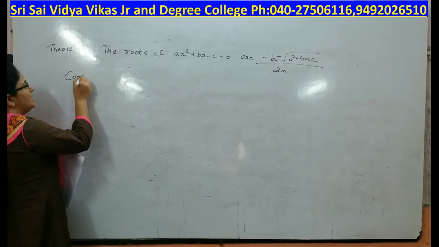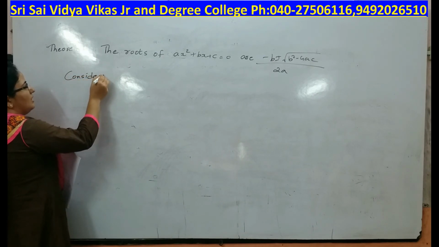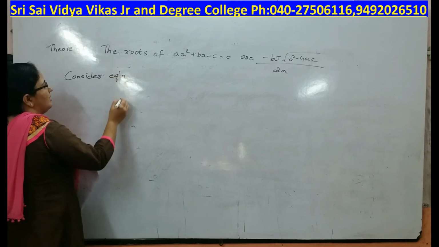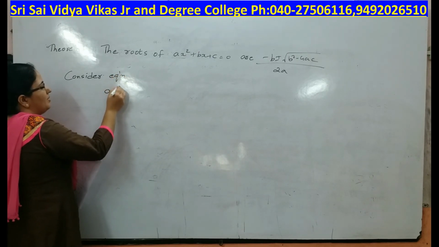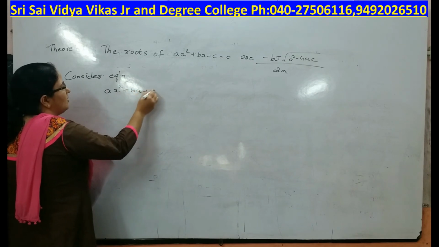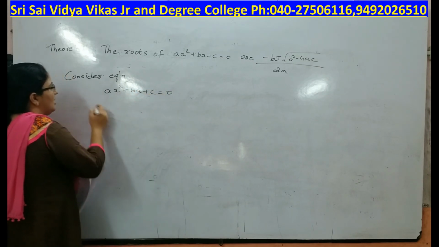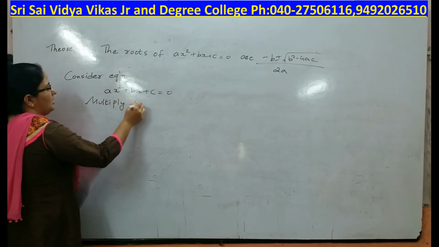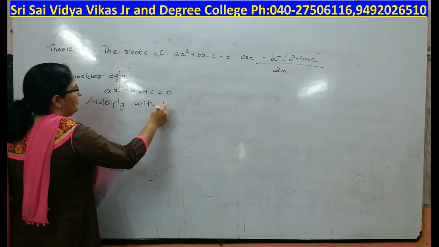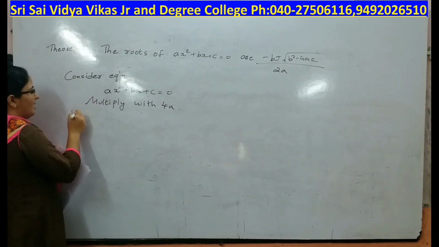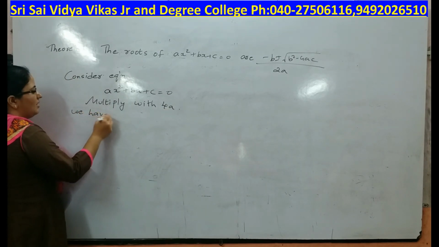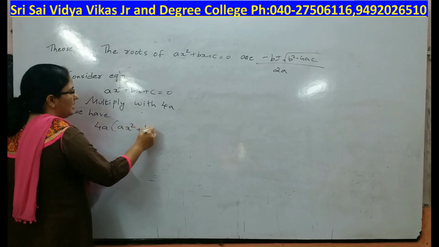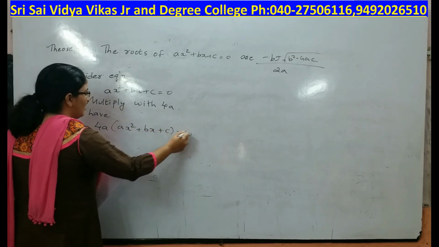Before that, consider the equation ax square plus bx plus c is equal to 0. Multiply with 4a. We have 4a into ax square plus bx plus c is equal to 0.